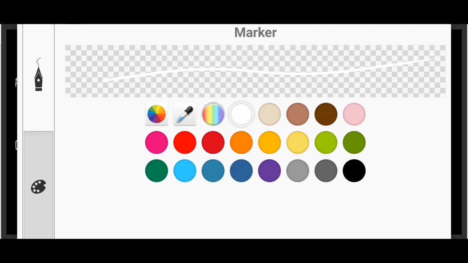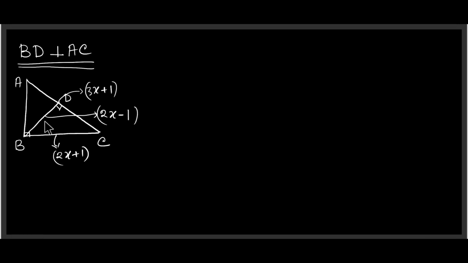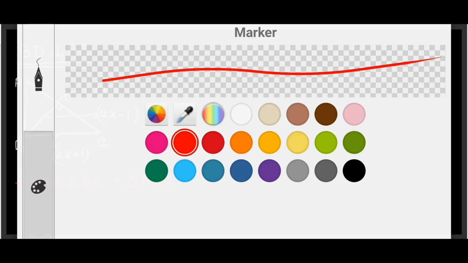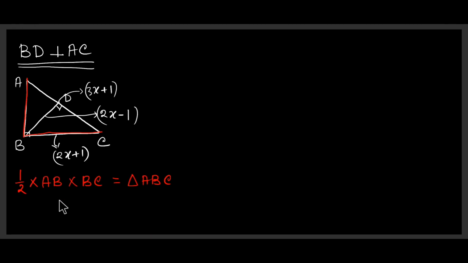So from the figure we can easily conclude that half into AB into BC is the area of the triangle ABC. In another way, we can say that half into BD into AC is the area.